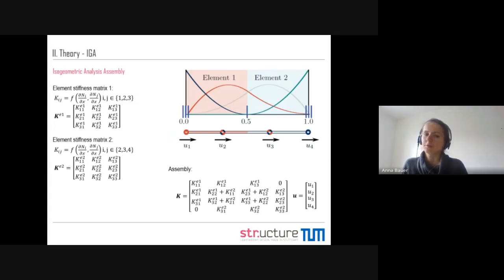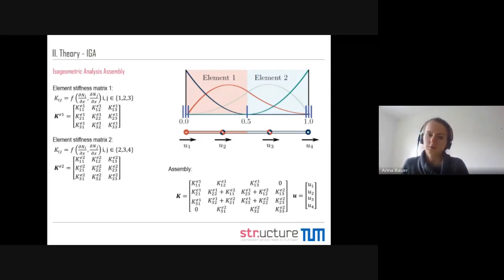And if you have this splitting into elements, you can define for each element your stiffness matrix depending on your structural element. Each element then has a constant set of control points which influence this element, and having this matrix, you can generate a global stiffness matrix for solving your system.